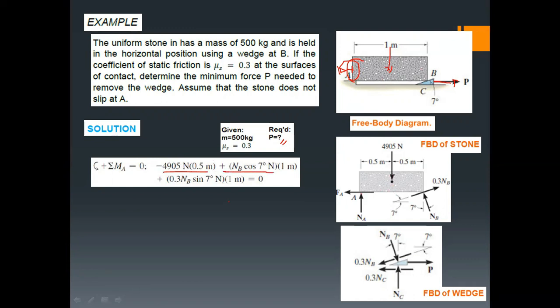And then, simply ND cosine 7, since we got the angle from our ND, or your normal force at point B, times 1 meter, which is its distance, plus 0.3 NB sine 7, acting on our stone, or our vertical forces, because we have two forces, vertical and horizontal.